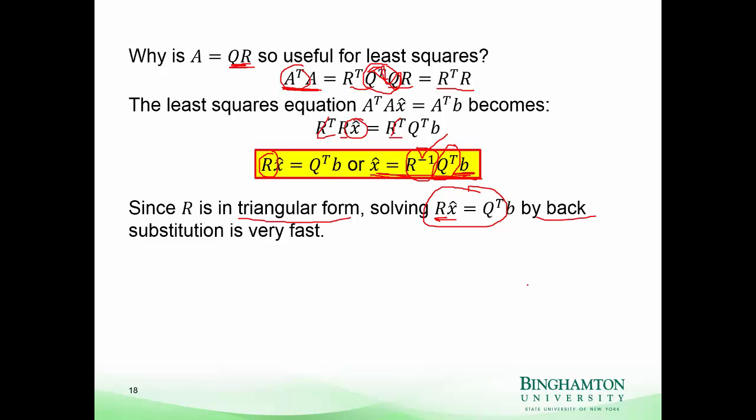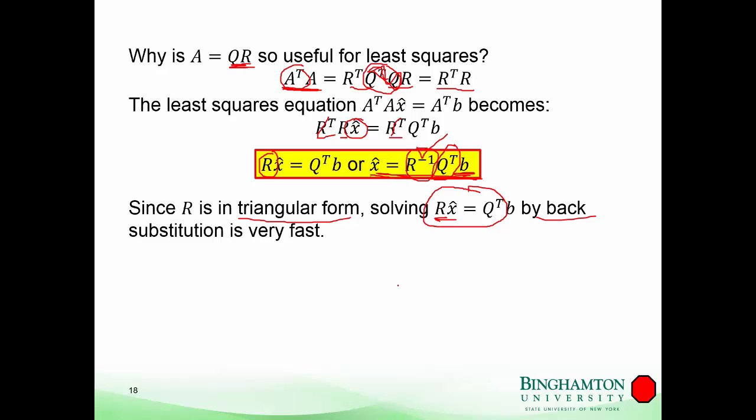So the point of this is that from a computer's point of view, and actually from a hand point of view, if you've already got the QR decomposition available, solving the least squares problem is extremely easy. But from a computer point of view, even counting in the cost of doing the QR decomposition and then solving the least squares problem with back substitution, you're still far ahead compared to forming A transpose A and doing the inverse of that.